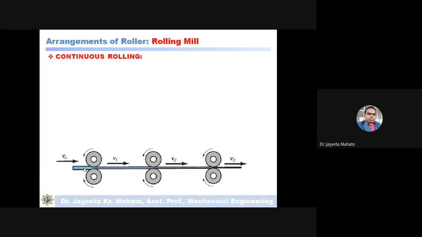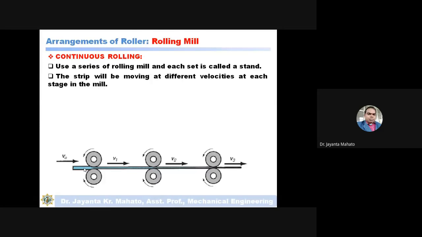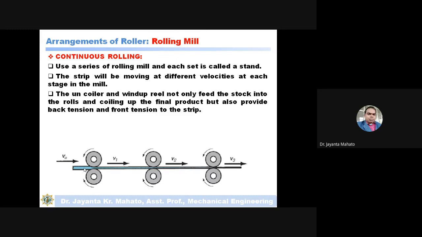In this case, we use a series of roller mills, and each set is called a stand. The strip will be moving at a different velocity at each stage in the mill. This means the velocity of the material, and even the rotational speed of the rollers, have to be calculated according to the design. Okay, at different stands the velocity of the material and the rotational speed of the rollers are different, and these are calculated values.